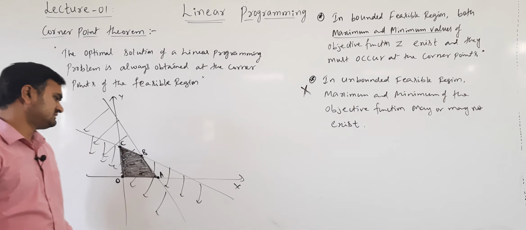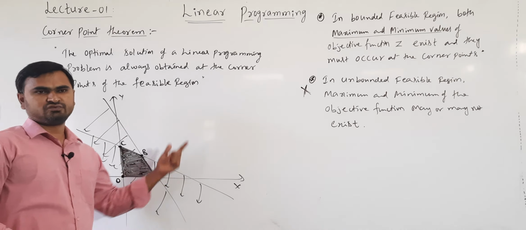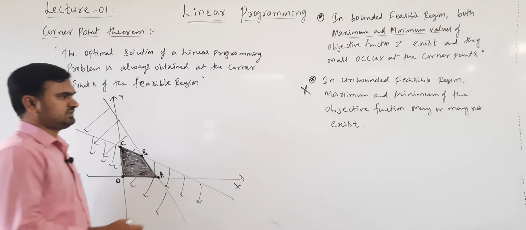Understand? So this is how we get the maximum or minimum value of the objective function z. The problem will be like this.